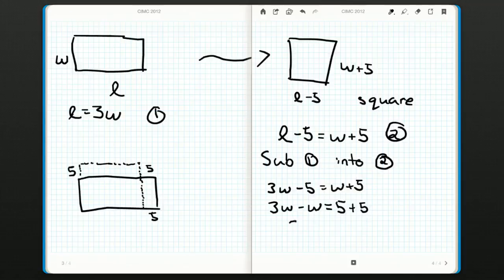So this simplifies to 2W equals 10. I want to figure out what W is, so I'm going to isolate for W by dividing both sides by 2. Now I know that W is 10 divided by 2, or W is 5. So the width of the original rectangle is 5.